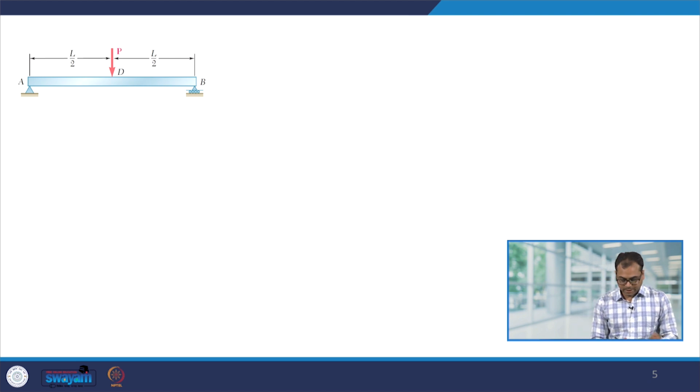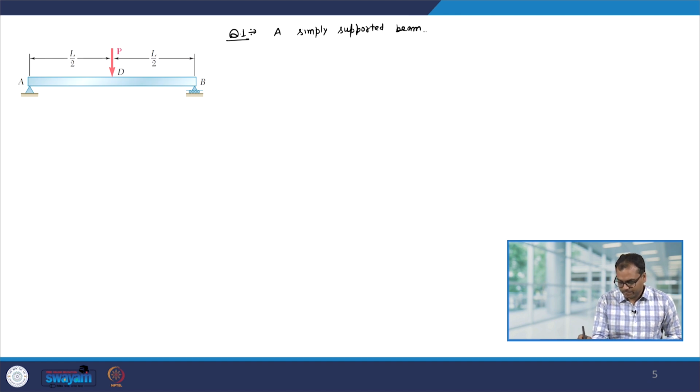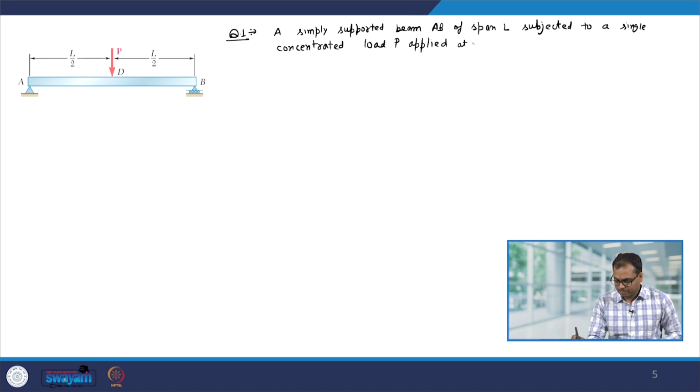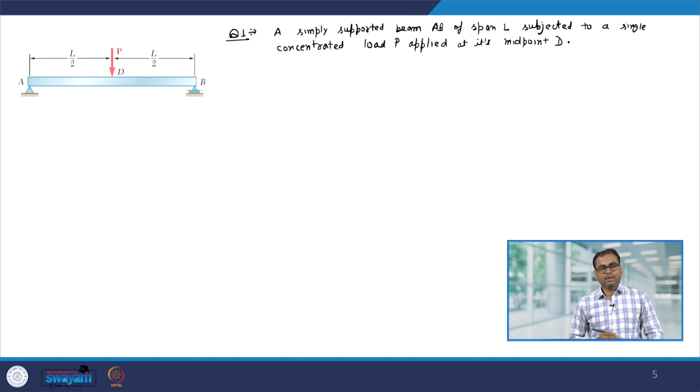So, let us say the question statement is following. Suppose you have a simply supported beam AB of span L, subjected to a single concentrated load P, applied at its midpoint D, and we want to calculate what is the shear force and what is the bending moment on this.